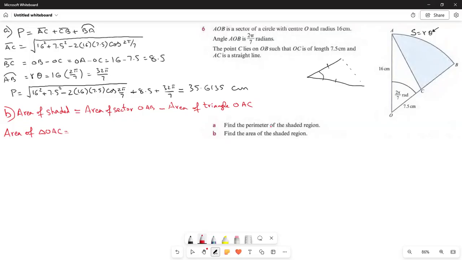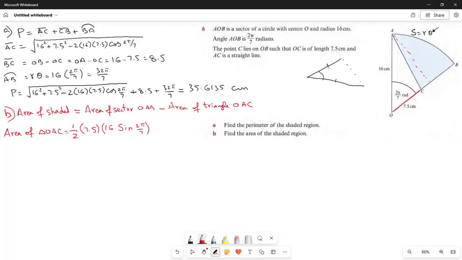You can see if I can find this altitude, right? Then I know the base, and if I know the altitude, I can find the area. So the area of the triangle is half into base, which is 7.5, into altitude. Now this altitude is going to be 16 times sine of 2 pi by 7. Is it clear or no?